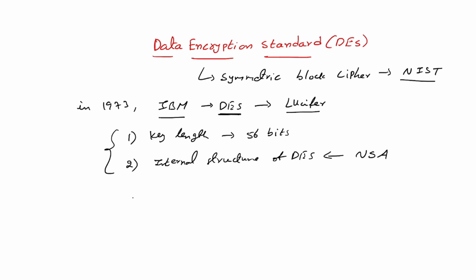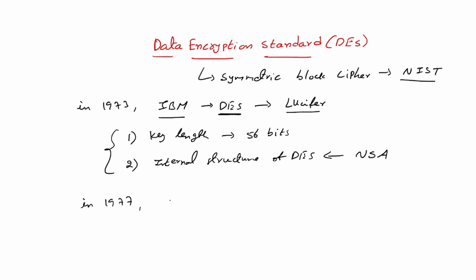After that, IBM modified DES and improved its security. The final version of DES was released in 1977. After that, it became the most popular symmetric block cipher, the most popular cryptographic algorithm in the 1970s.